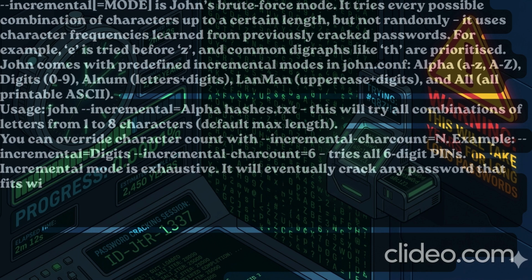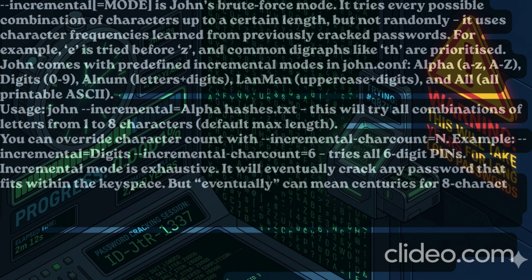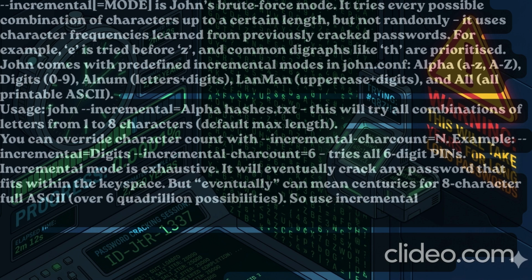Incremental mode is exhaustive. It will eventually crack any password that fits within the key space, but eventually can mean centuries for 8 characters of full ASCII, over 6 quadrillion possibilities.